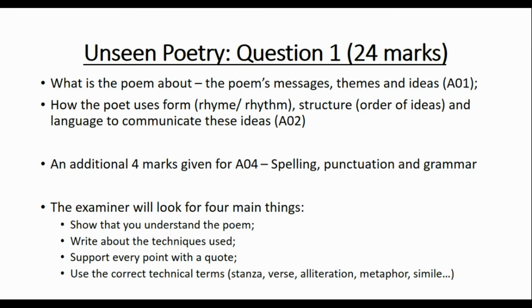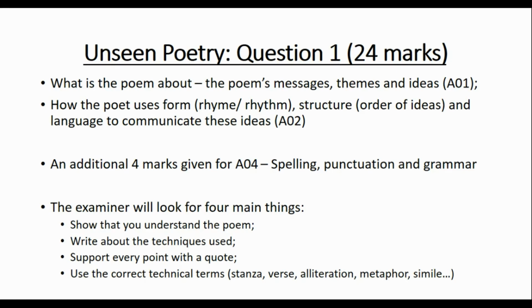So here you're going to focus on the poem's messages, the themes and ideas, and that covers Assessment Objective 1. In Assessment Objective 2, you need to look at how the poet uses form, so for example, the line length, rhyme and rhythm, the structure, so the order of ideas, and how language is used to communicate these ideas, and that covers Assessment Objective 2.